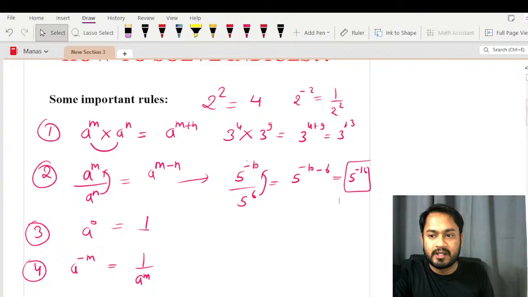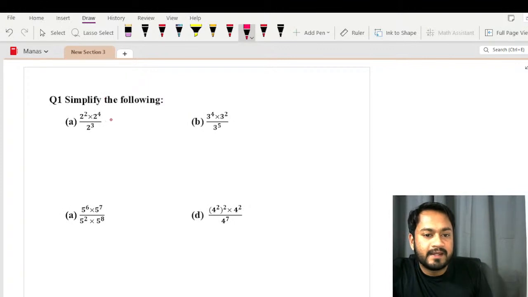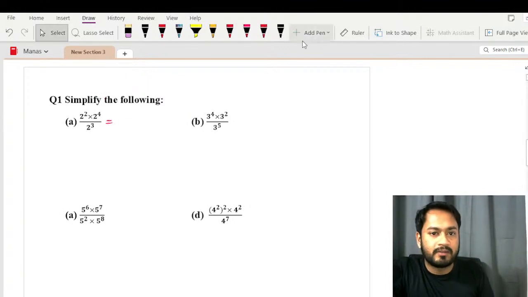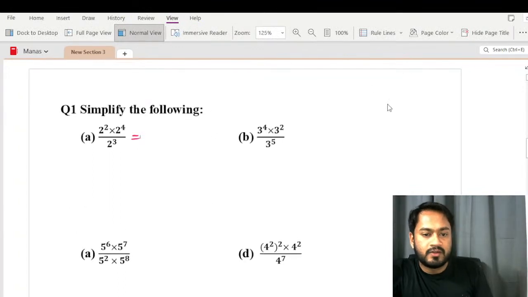So this is how we are able to solve indices. Now let's go to some important questions. It is written here, simplify the following. I hope you are able to see, I can just zoom the window. 2 raised to power 2 multiplied by 2 raised to power 4 divided by 2 raised to power 3.